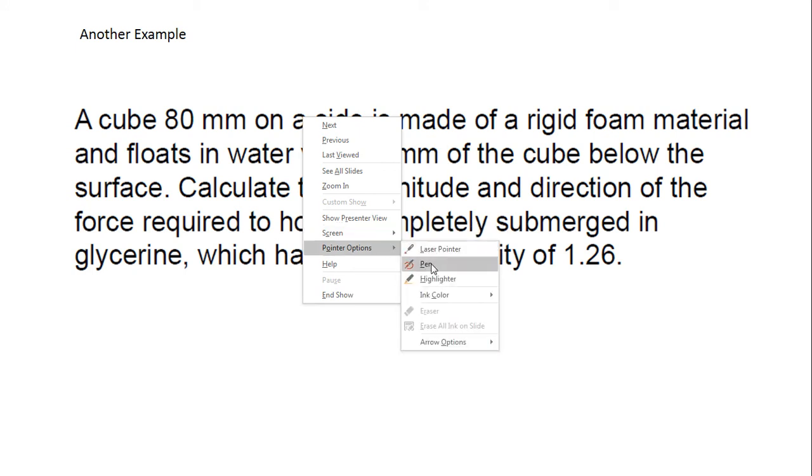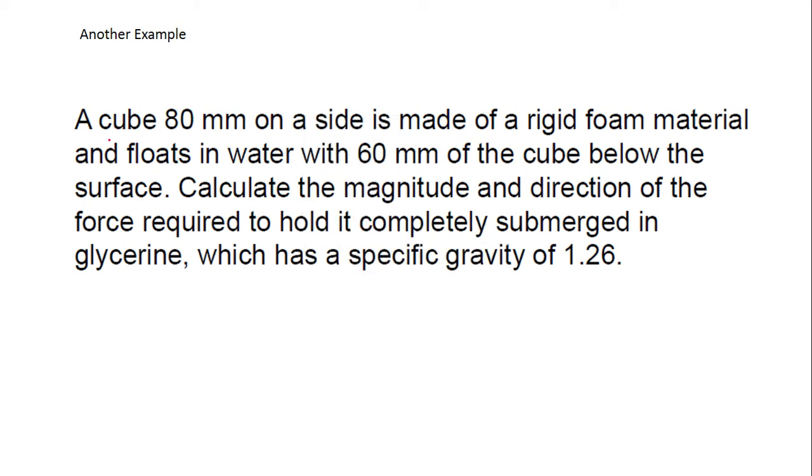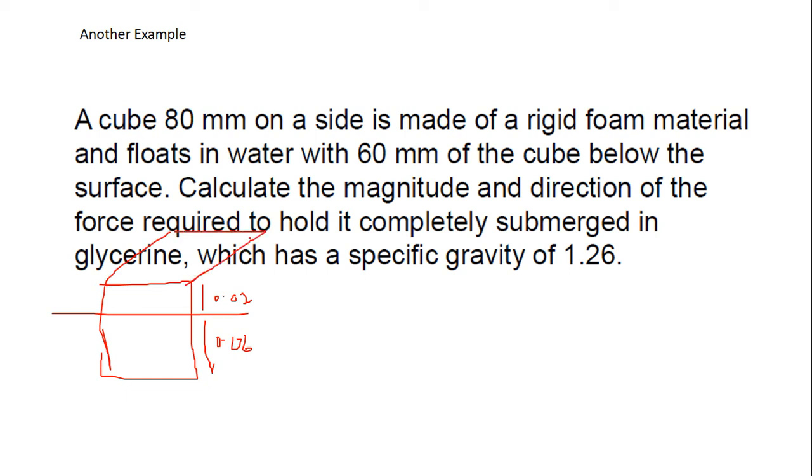Okay, pen. Dia kata the cube is floating kan. Okay, now the cube is floating with 60 mm underneath. This is 0.06, and this is 0.02, doesn't matter kalau 0.08 kan. And the other dimensions are 0.08, ini pun 0.08, the cube kan.